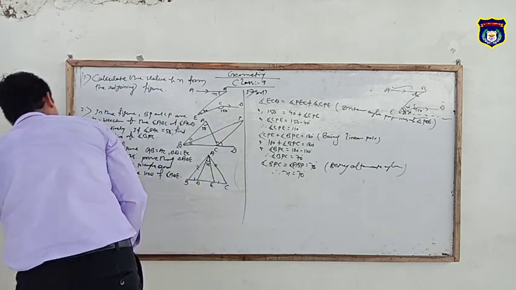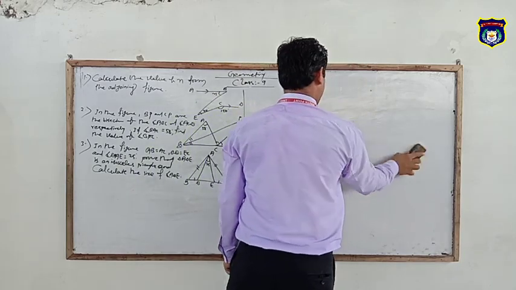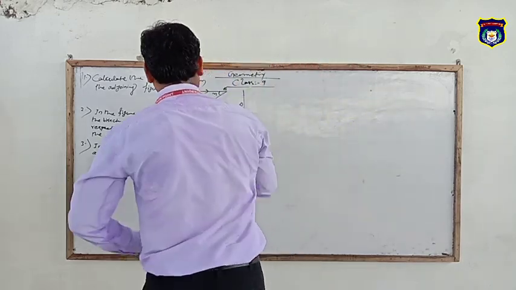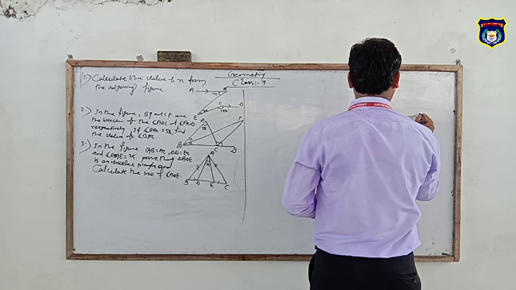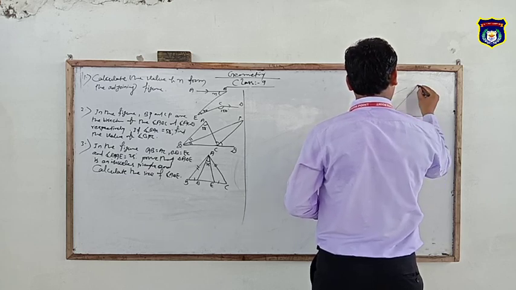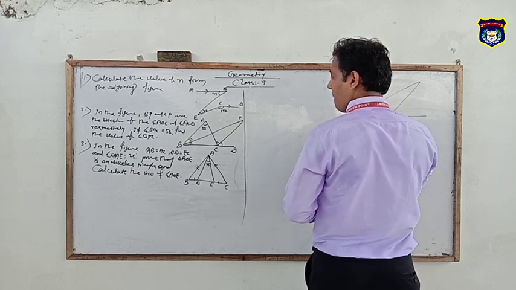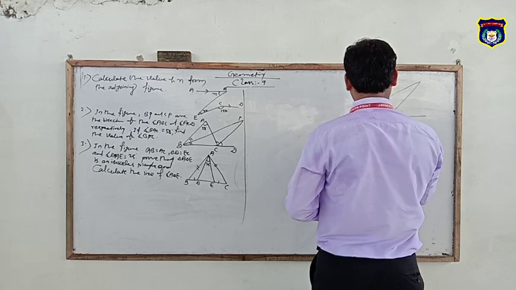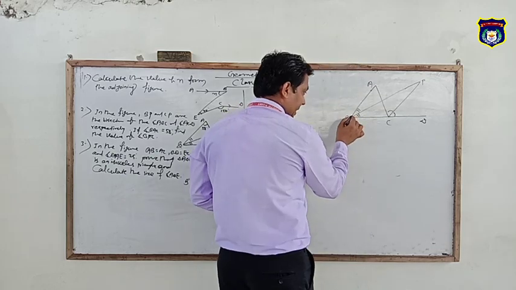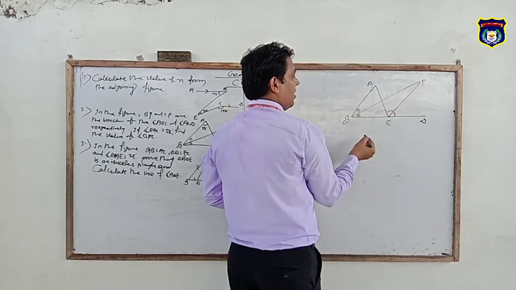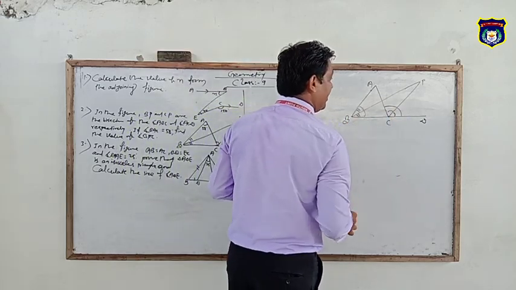Next question. In this figure, BP and CP are the bisectors of angle ABC and angle ACD.